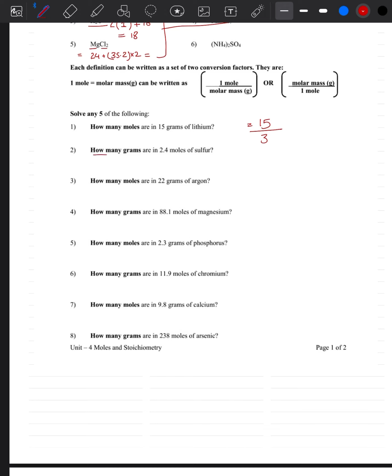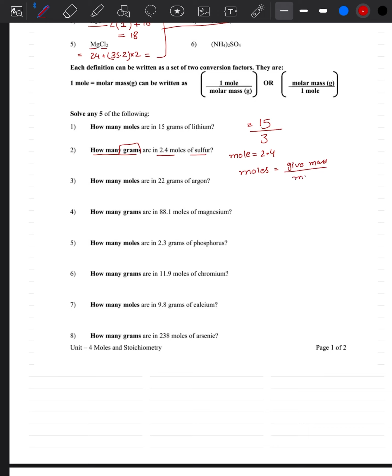And in the second question, how many grams are in 2.4 moles of sulfur? Now we are given the number of moles, 2.4, and we need to find the grams. Gram is the unit of mass, so we have to find the mass. We know that mole is equal to given mass over molar mass.